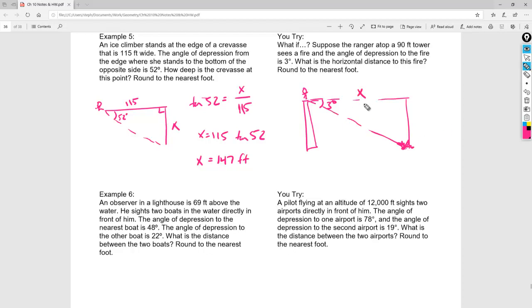Right, so we will call this x. Okay, I know that the tower is 90 feet, so that means, again, I need opposite over adjacent. So I know that tangent of 3 degrees is equal to 90 over x. That means that x will be 90 divided by tangent of 3, or 1,717 feet.